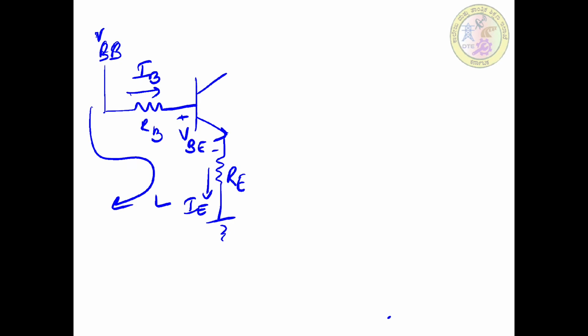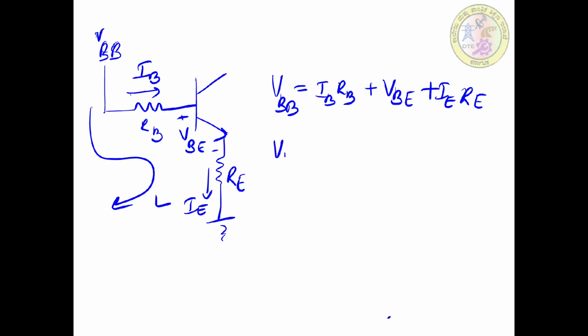Applying KVL, I can write that the VBB voltage will be equal to IB into RB plus VBE, plus IE into RE. Let us take VBE to the other side, so that VBB minus VBE is equal to IB into RB plus IE into RE.